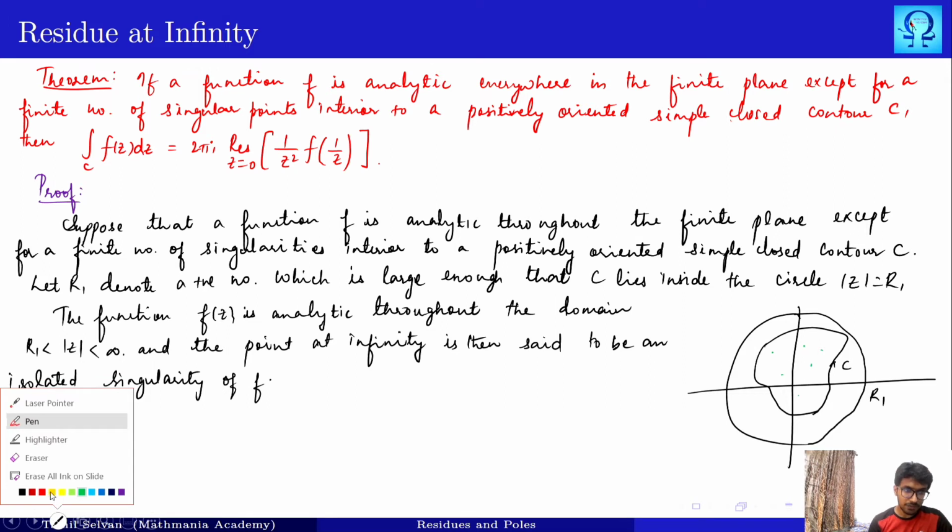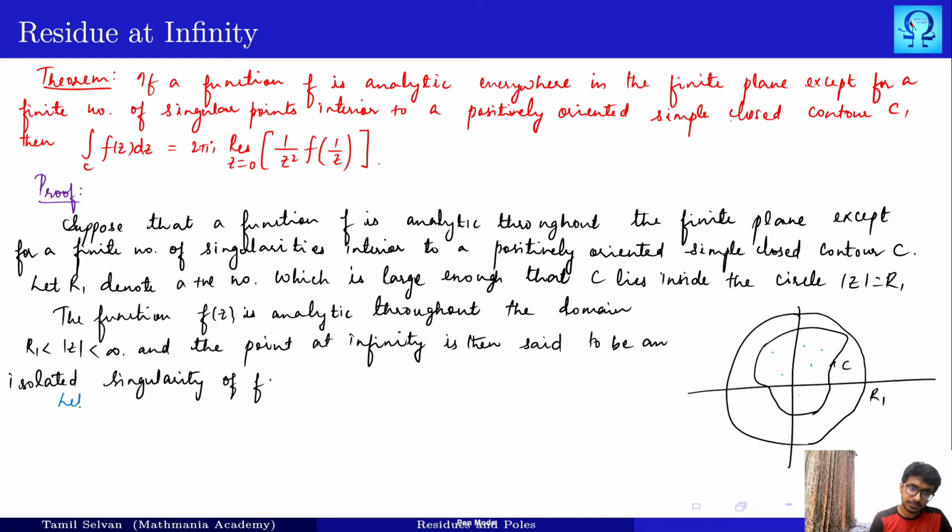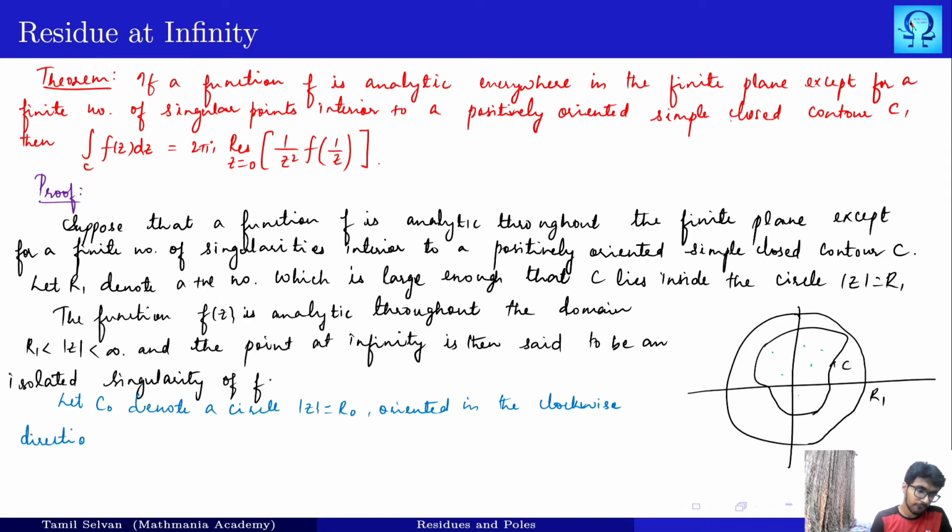After which we proceed with the fact that let C naught denote a circle absolute of z equals r naught, oriented in the clockwise direction, where your r naught value must be bigger than r1.